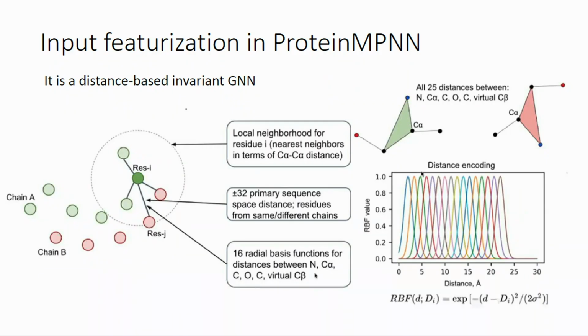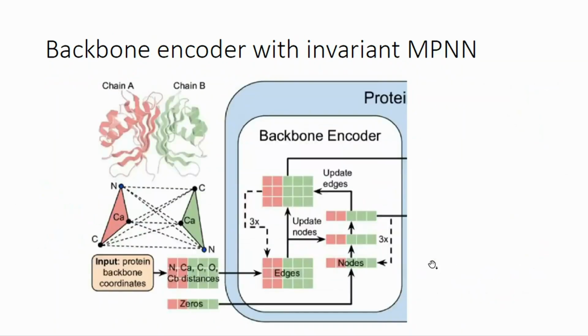Basically, these are the local features that we compute as the input features. And again, they're using these RBF kernels, which is just a featurization on top of the raw distances. In the encoder part, the encoder is exactly what we talked about in SchNet. Basically, you encode these distances, and this becomes the geometric information you put on the edge.